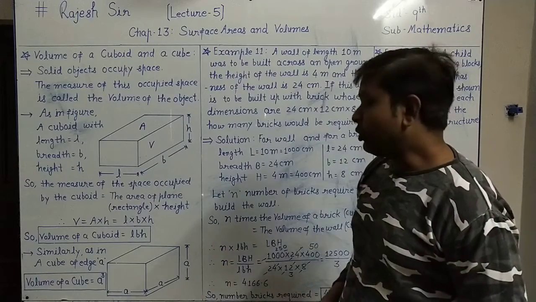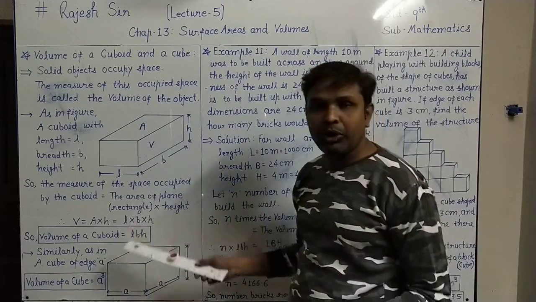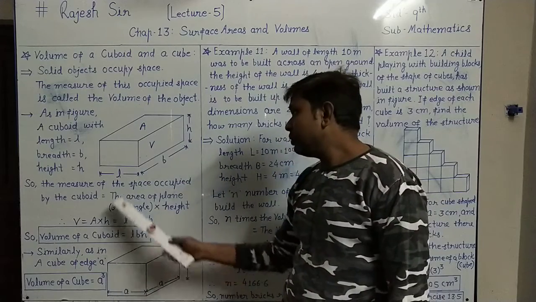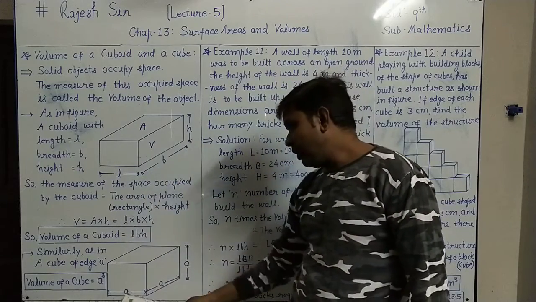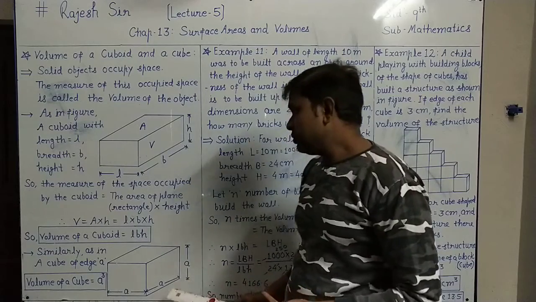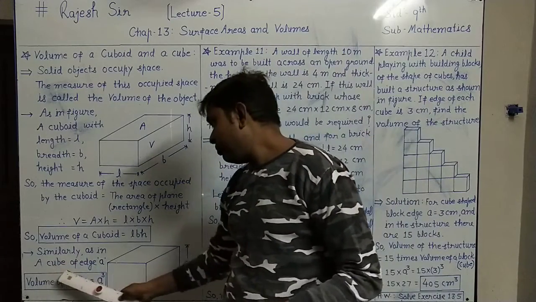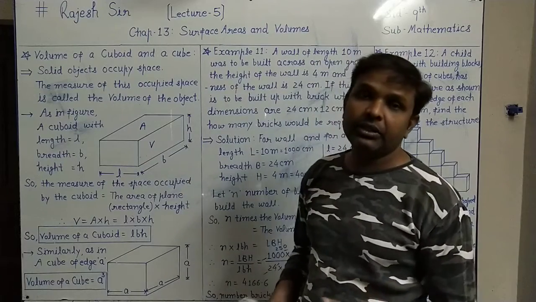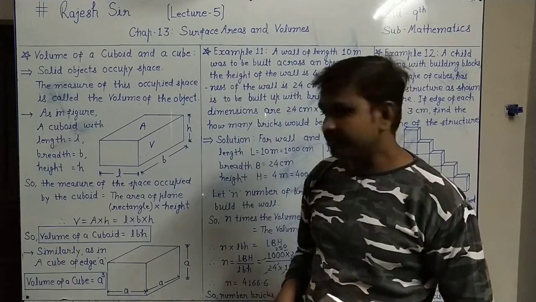Now, after the cuboid, the cube is shown in the figure. You know that its length, breadth and height are all the same. Let each side of the cube be A units.